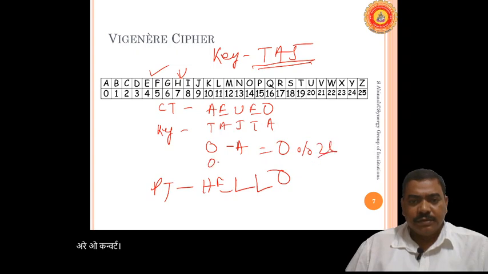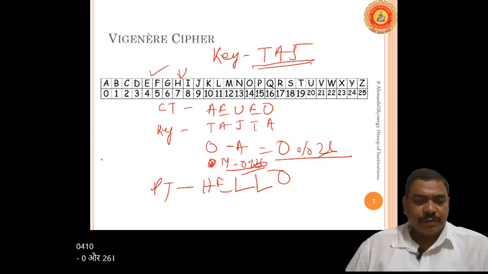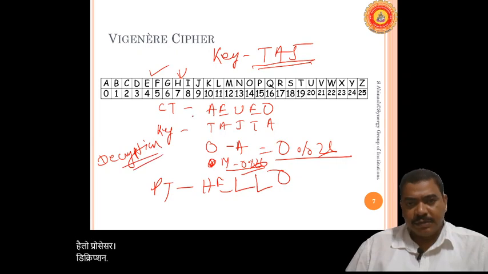O means that is 14, minus 0 mod 26. That is 0 mod 26. So this is the process of decryption.